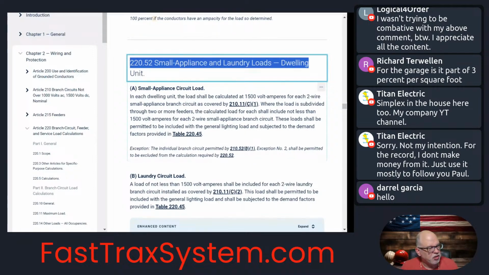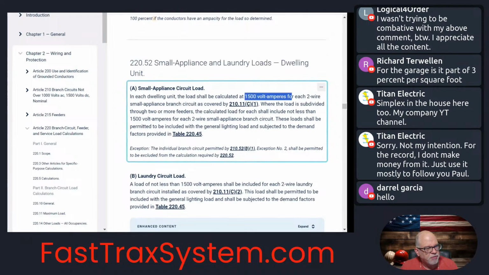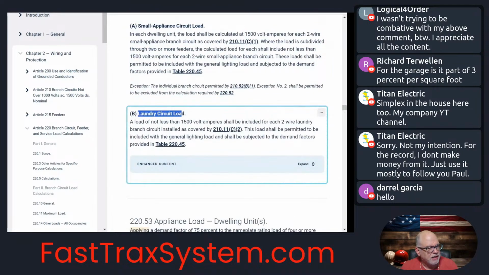And here's where it tells you that for each dwelling unit, the load shall be calculated at 1500 VA for each 2-wire small appliance branch circuit covered in 210.11(C)(1), and 210.11(C)(1) requires a minimum of 2. Of course, we got 4, but the minimum was 2. And then, of course, down here is for the laundry. And again, 1500 VA for each 2-wire laundry. The code in 210.11(C)(2) requires at least 1, but our dwelling that we're calculating has how many?